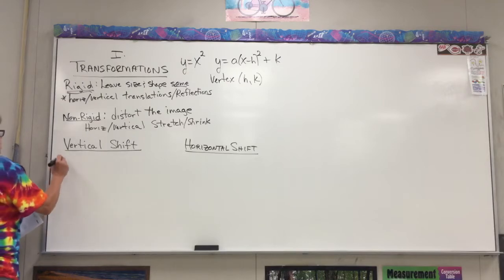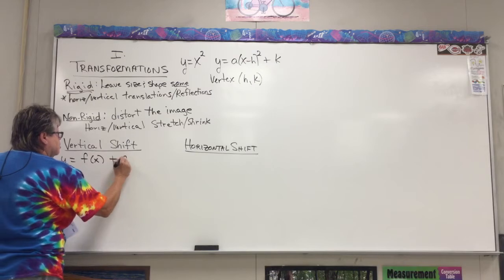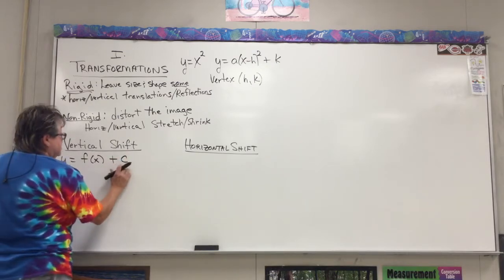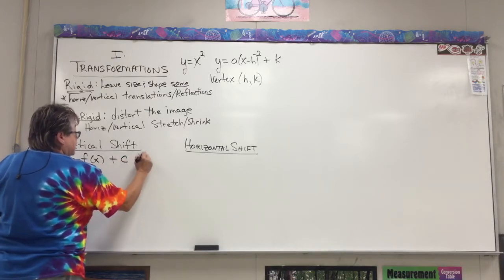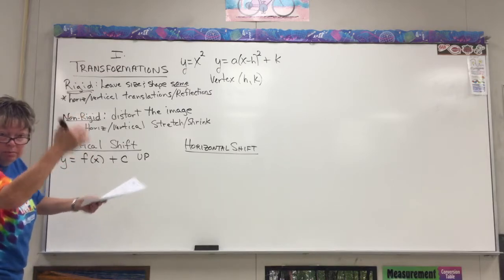If you have something like y equals f of x plus c, the plus c is outside, away from that function. We're talking about moving up by c, whatever c is. If it's a 3 sitting there, you go up 3.